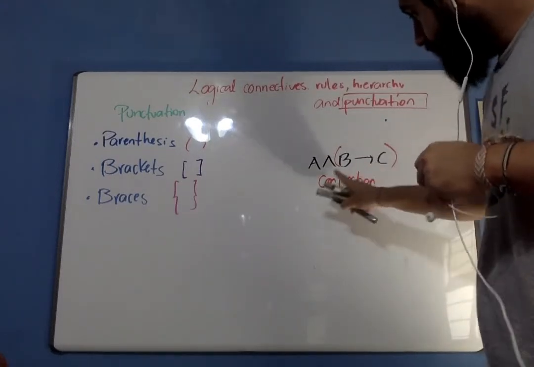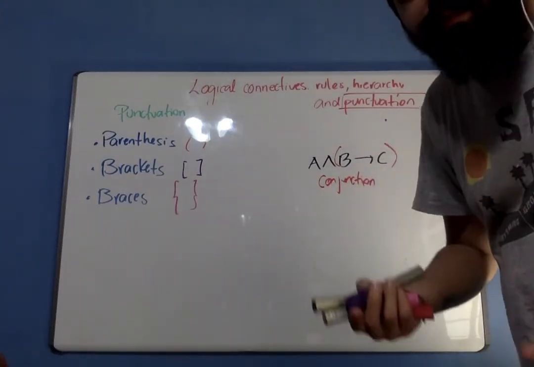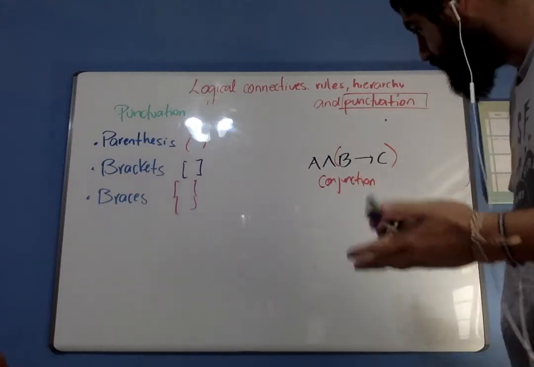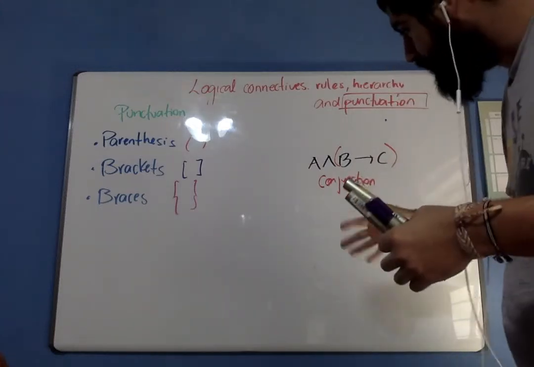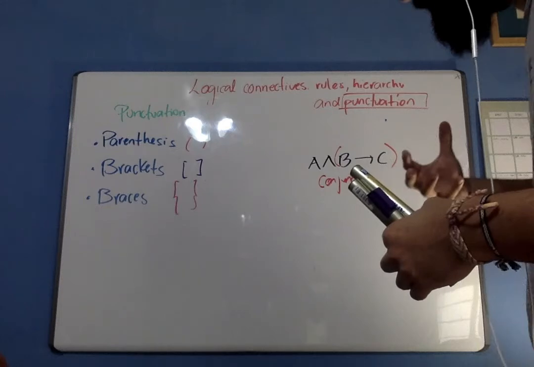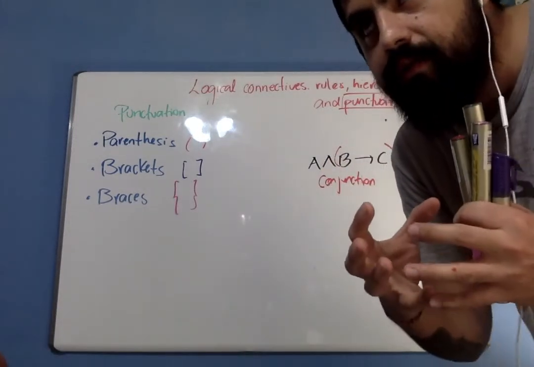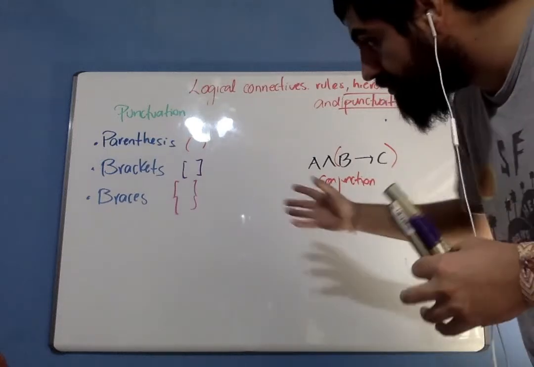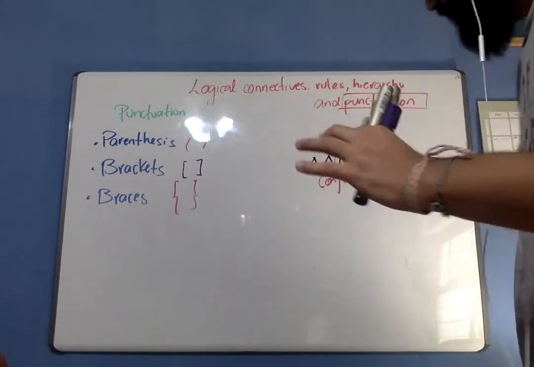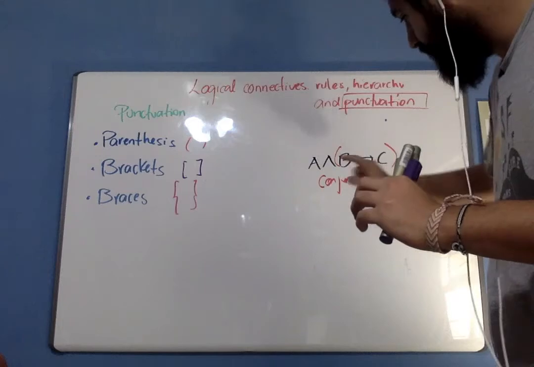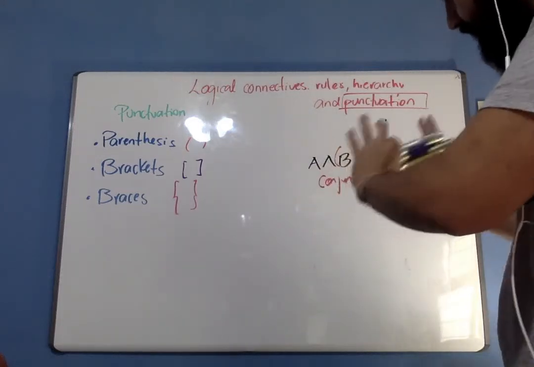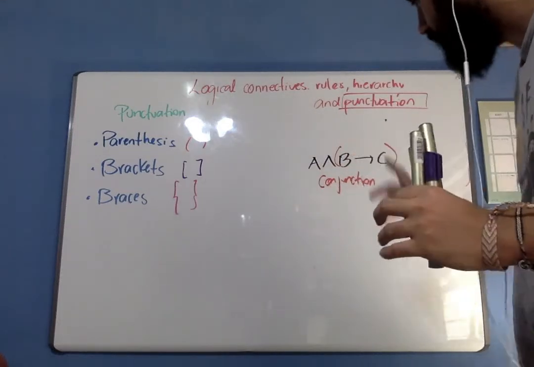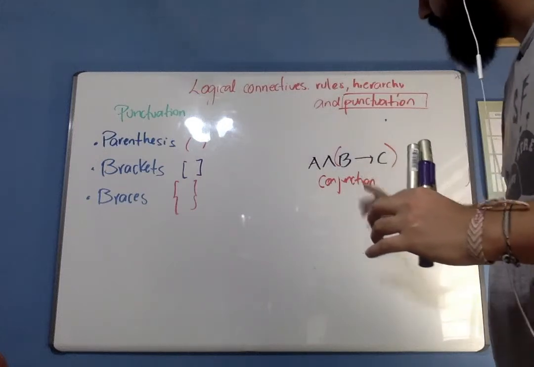As you can see, the use of the punctuation mark changes completely what is going to be the dominant logical connective. The dominant logical connective changes if we use punctuation marks. Now imagine that if we take this example, we have a conjunction, no longer a conditional but a conjunction.